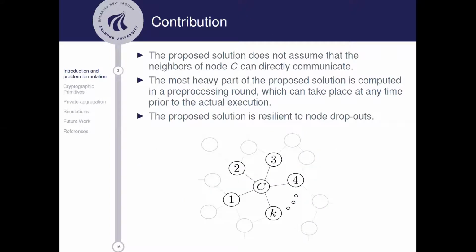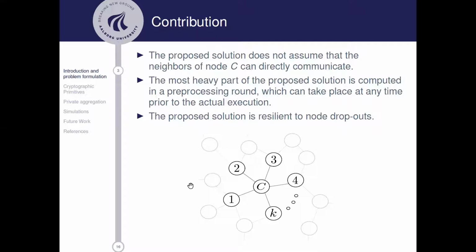There already exist many privacy-preserving aggregation schemes, thus we would like to highlight our contribution. In contrast to many of the existing solutions, we do not assume that the neighbors of a node can communicate, which we have illustrated here by the lack of communication lines between the neighbors.